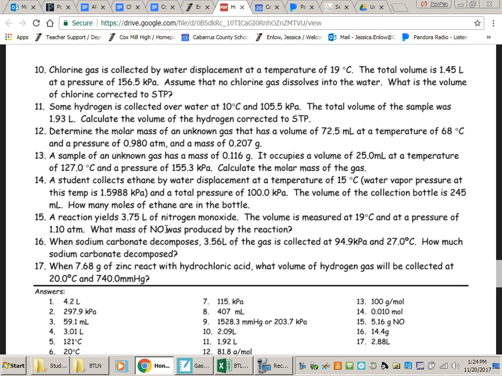And the volume is... yeah, okay, so we have the pressure is 101.3. Number 11 is also 13.